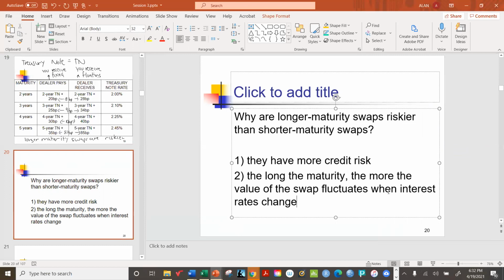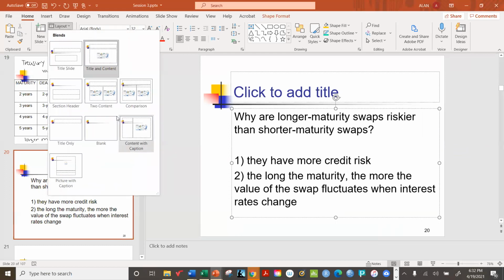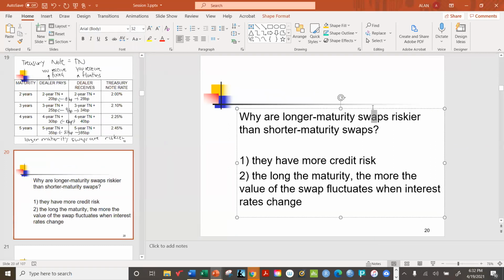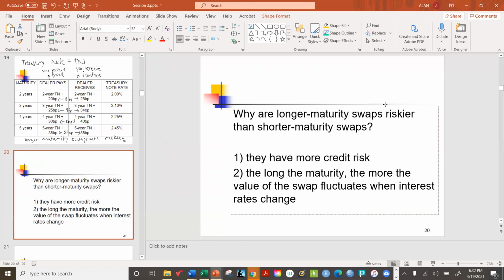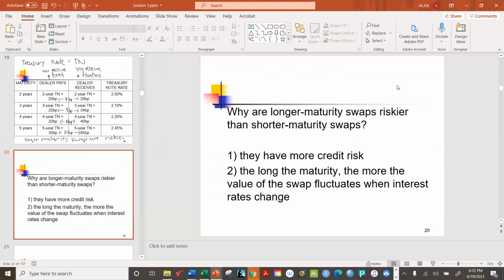More credit risk for the longer term ones. And we also will see that the longer the maturity, the more the value of the swap fluctuates when interest rates change, if they do. So that's why the dealer has to really charge a higher spread on those longer maturity swaps to cover their own risk. They're not in the business to make, they're trying to make money without taking on excessive amounts of risk.